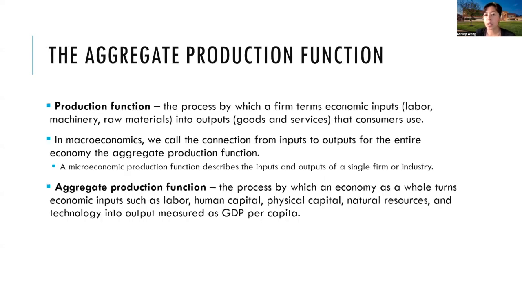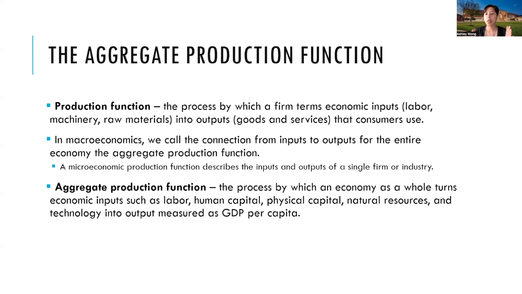Okay, so now we want to combine all of these factors that determine productivity into what we call the aggregate production function. And a production function is just a process by which a firm is turning economic inputs into outputs. And I'm sorry, I noticed there's a typo here. This should say the process by which a firm turns economic inputs into outputs.